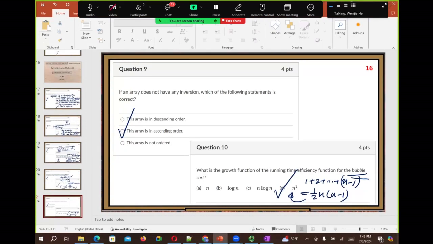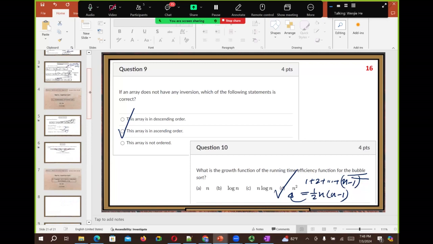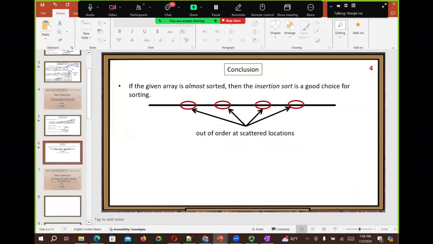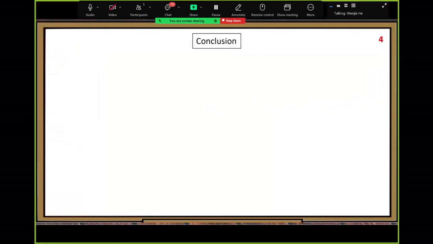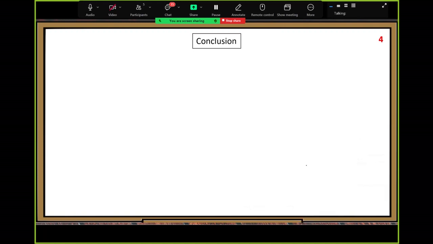Because I need to go back to the discussion here. Okay, all right. Continue the insertion sort.